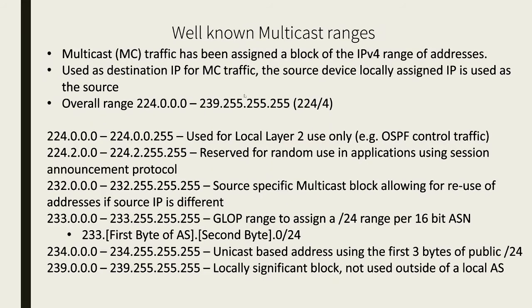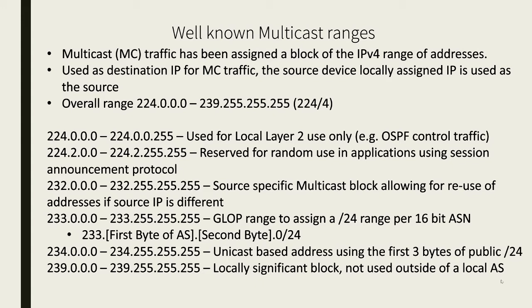So that's source-specific, and the only other one that I'm going to very quickly dig into is the locally significant one. There is a range that allows you, inside your local company or local network, to use a very big range of multicast addresses, but those should not be scoped outside of your company or outside of your local network, or specifically your autonomous system, right?